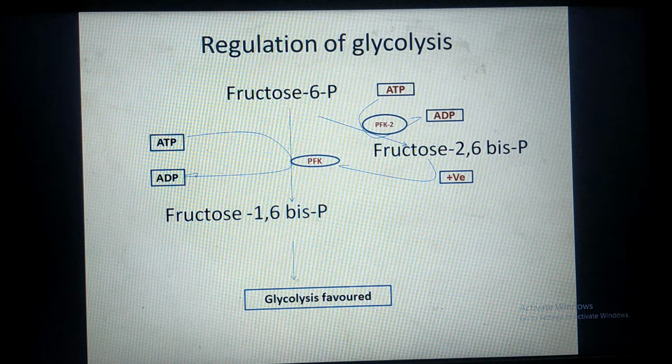Now this phosphofructokinase 2 converts fructose 6-phosphate into fructose 2,6-bisphosphate with the help of ATP. This fructose 2,6-bisphosphate acts as a positive regulator of the enzyme phosphofructokinase. So in this case, all three, fructose 6-phosphate, phosphofructokinase 2 and fructose 2,6-bisphosphate, act as allosteric stimulators of phosphofructokinase.